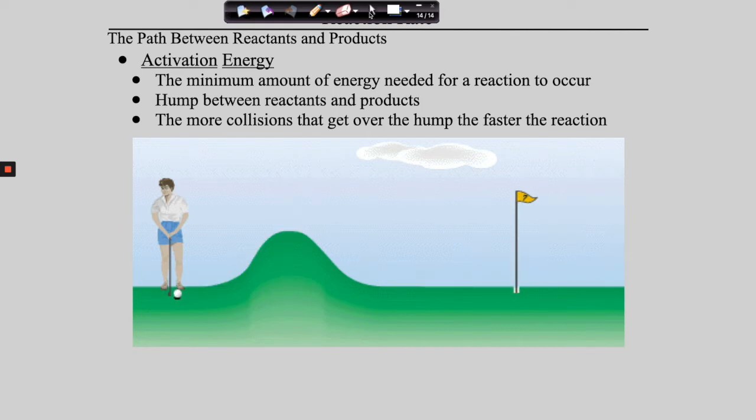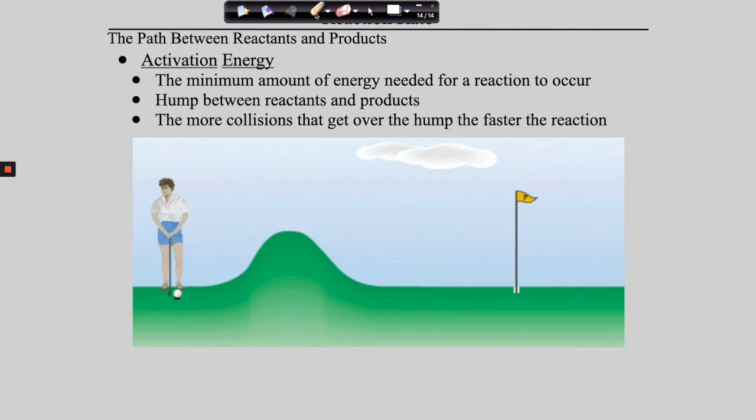Now, guys, let's carry this analogy one more step. What could we do as a putt-putt golfer to get more balls to go over the hump? And guys, as you're thinking about this, maybe you're thinking back to some of the things that we talked about initially.